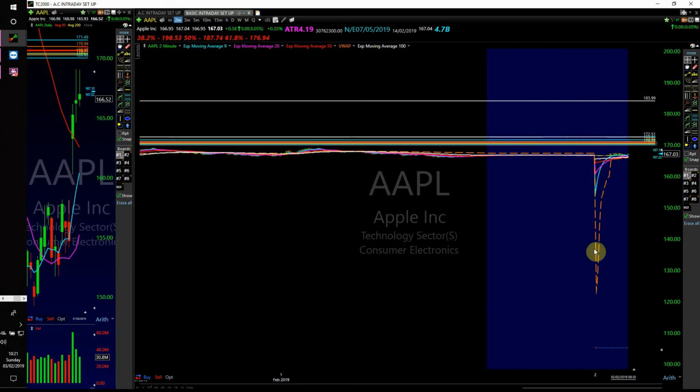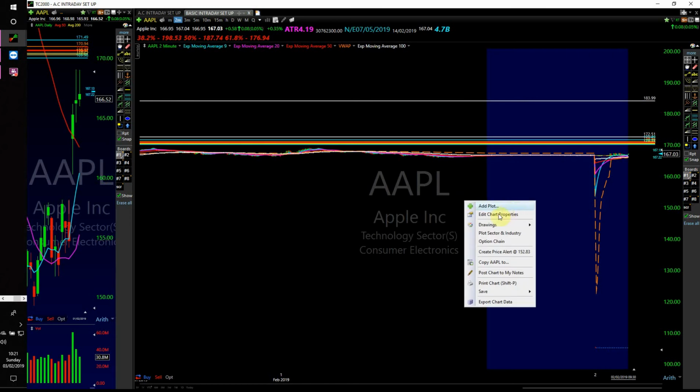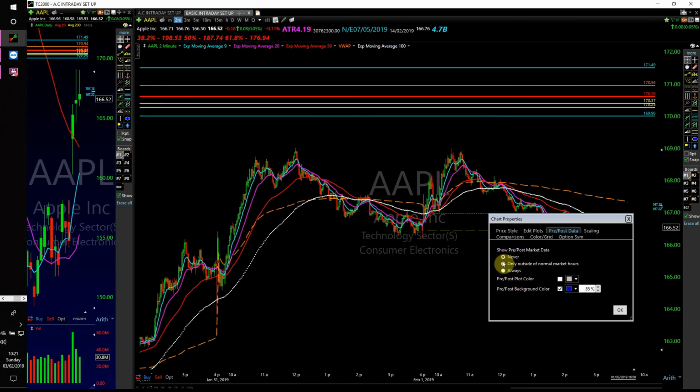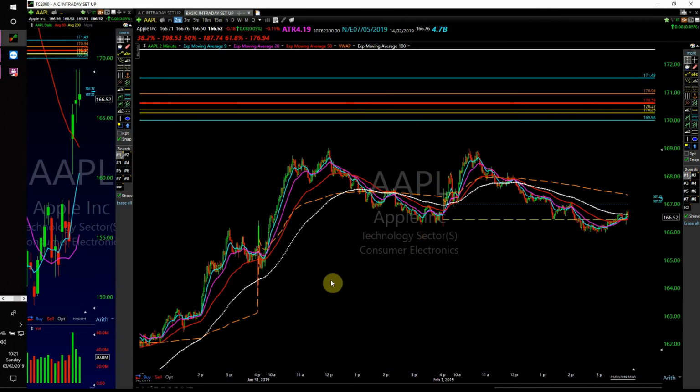So if you're a TC2000 user and you find a rogue dot down there that screws your chart up, you need to go into chart properties, post data, and take off show market data, never, and that will correct your chart for you.